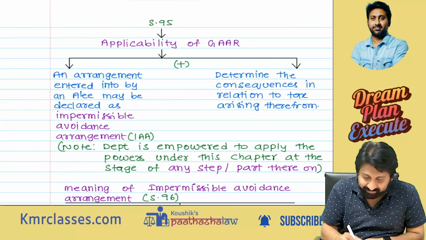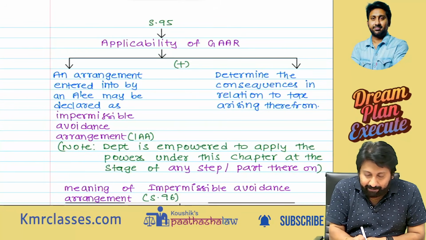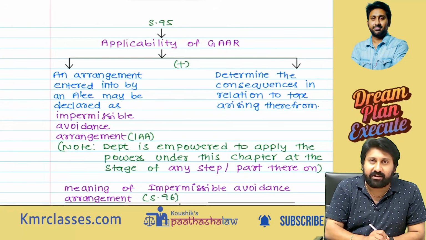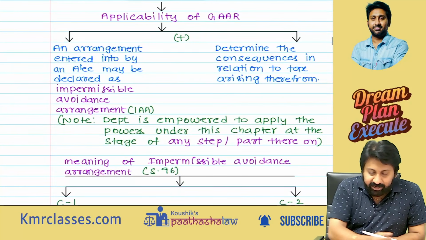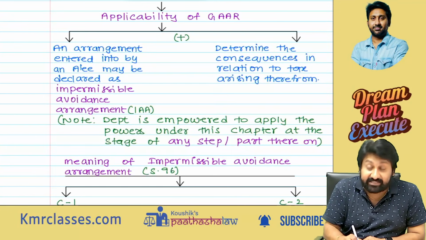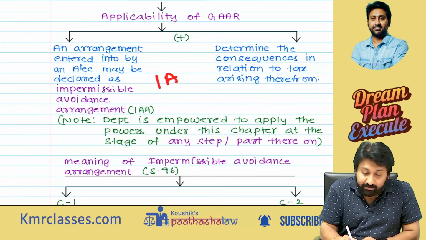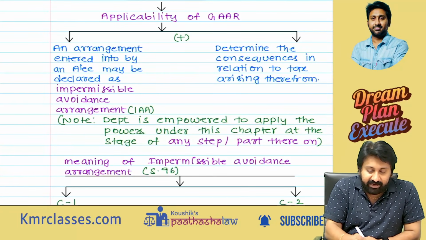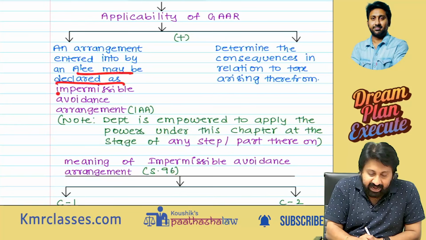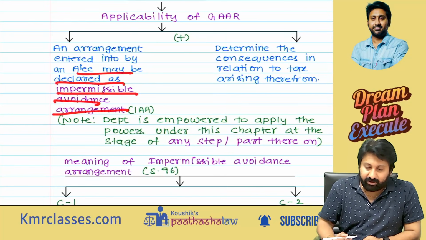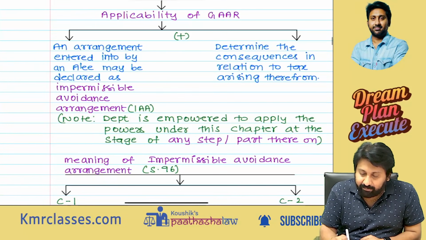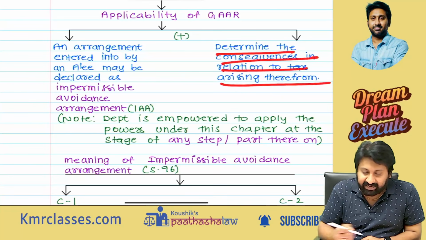Let's continue. Section 95. Applicability of GAAR. An arrangement entered into by the assessee may be declared as an impermissible avoidance arrangement. Then determine the consequences in relation to tax arising therefrom.